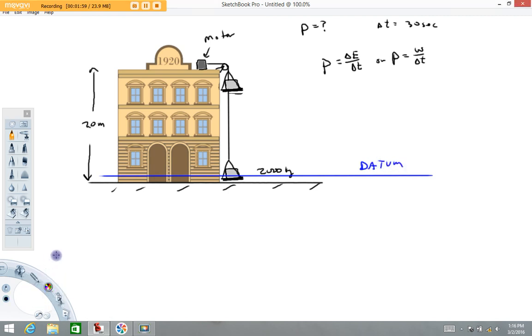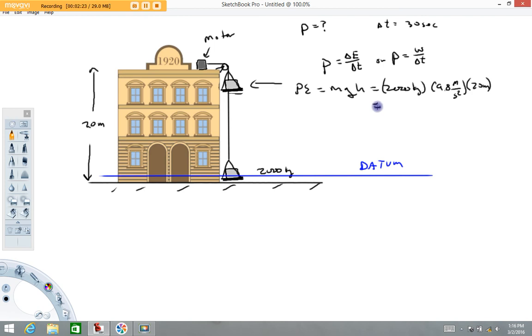Now I'm going to calculate our potential energy at position 2. Potential energy is mgh, so that's going to be 2,000 kilograms times 9.8 meters per second squared, or newtons per kilogram, those are equivalent units on gravity, times h, 20 meters.